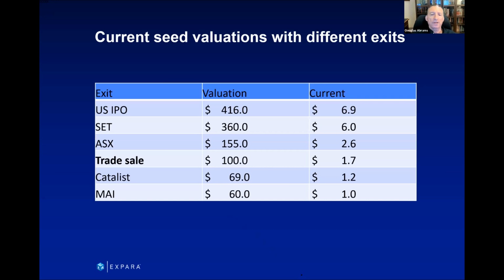And this is testing our concept. If you look at average valuations at exit in local exchanges like MAI, SET, or US IPOs on NASDAQ or New York Stock Exchange, or some representative regional exchanges like ASX and Catalyst, and then look at trade sales, you can see that this method of dividing exit valuations by 60 to get current valuations actually gives us a pretty representative range of current valuations using our comparables method.